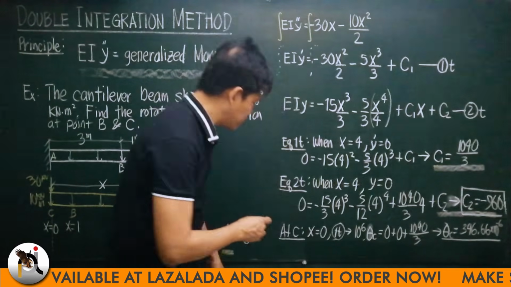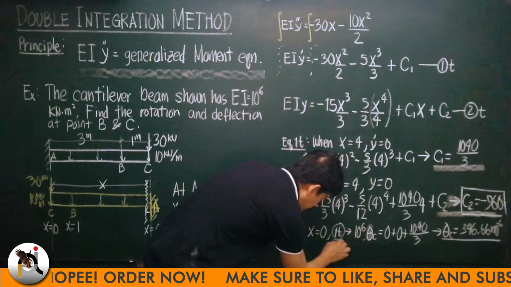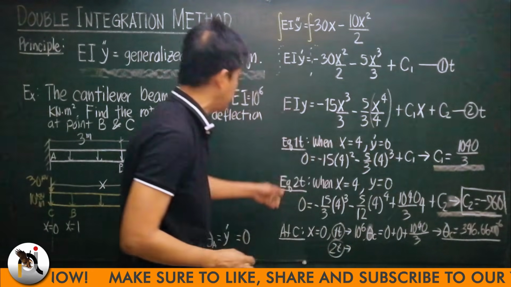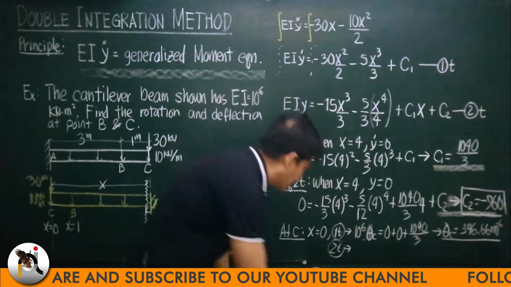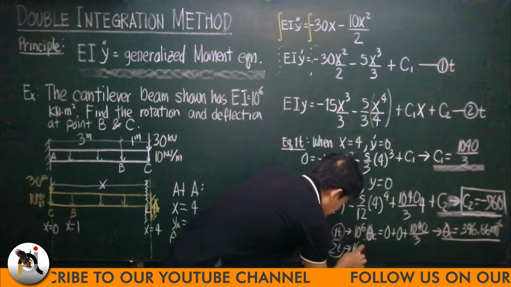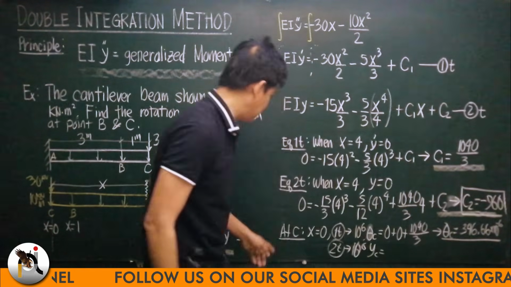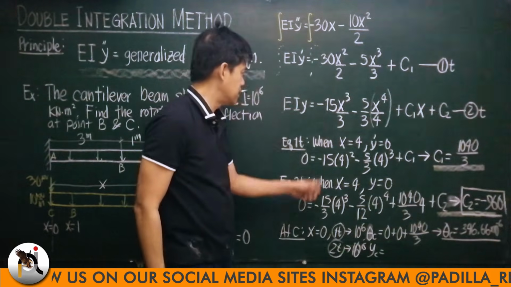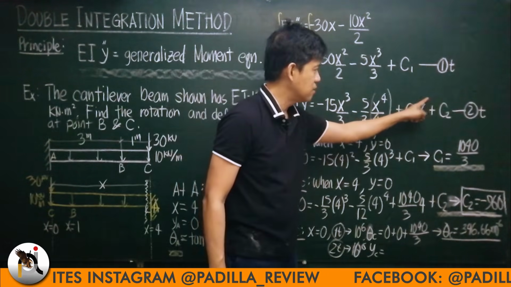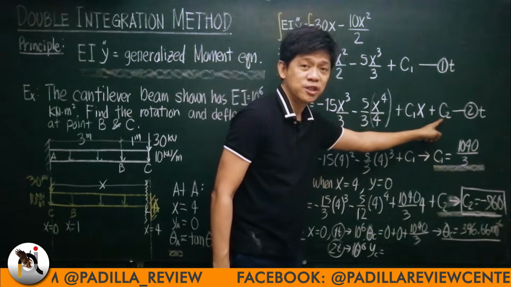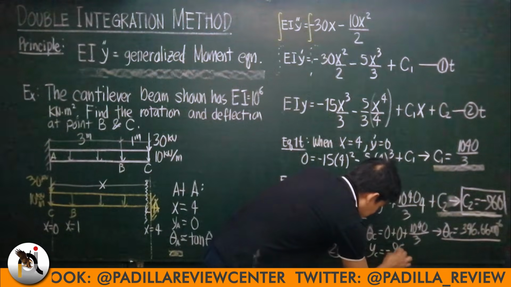So for deflection at C, we go to equation 2t. Here in equation 2t, EI is 10 to the 6, y at C, x is 0 at C. This is 0, this is 0, this is 0. So therefore, we just have C2. And C2 is minus 960.